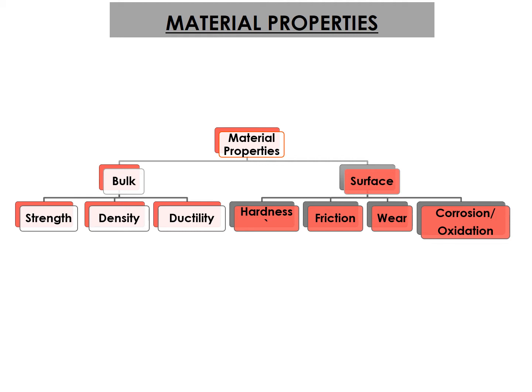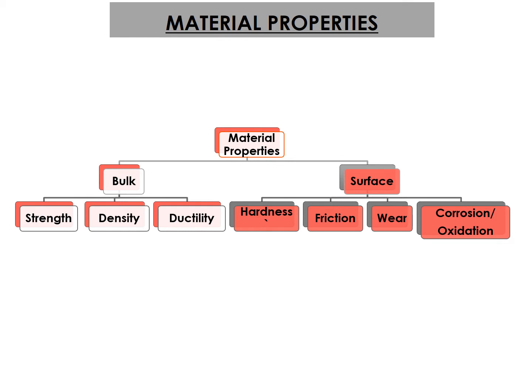Then comes ductility. Ductility is a very common characteristic of a material. With this property, the metal can be hammered into thin wires without any breakage.